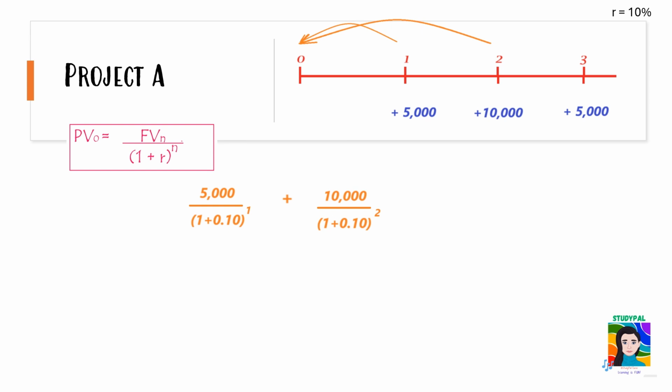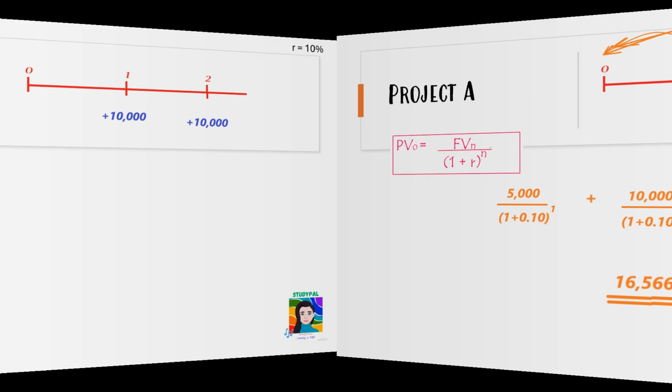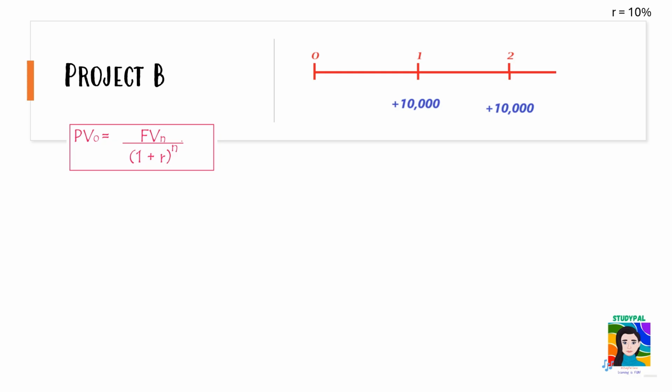Same case for the 5,000 that's flowing in at the end of year 3, but this time discounted by 3 years. So you add 5,000 divided by 1 plus 0.1 to the power 3. And you will end up with an answer of $16,566.